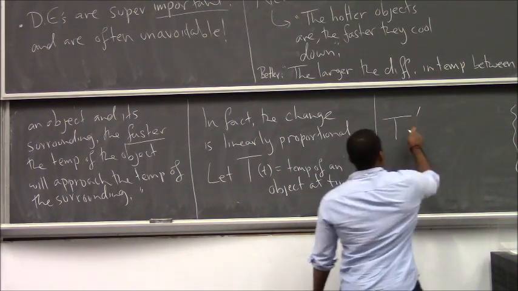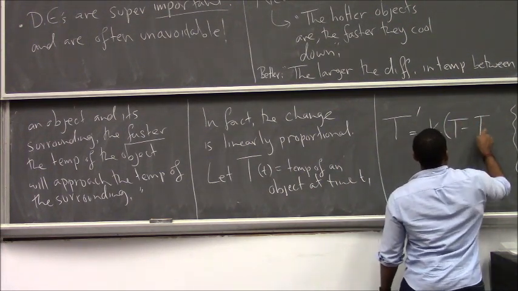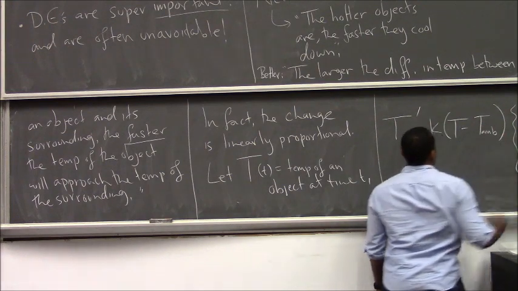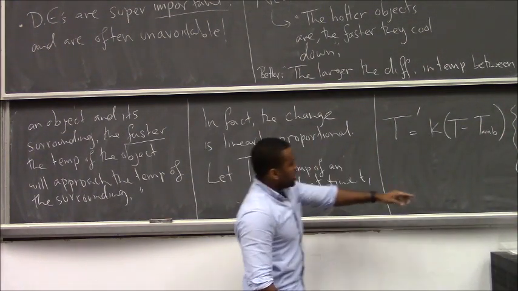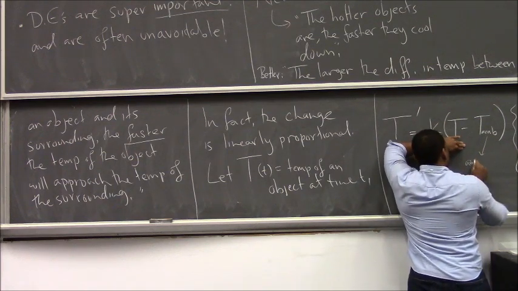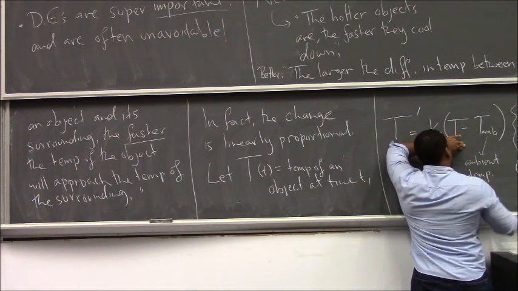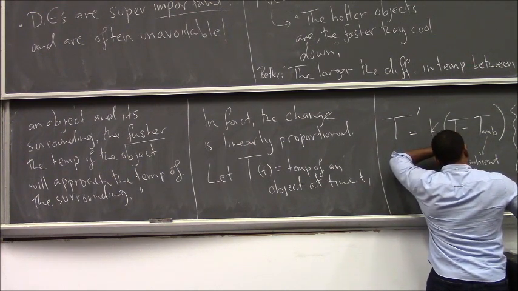T prime is going to be some constant times the difference in temperature between the object and the surrounding temperature. This is the ambient temperature, or surrounding temperature.